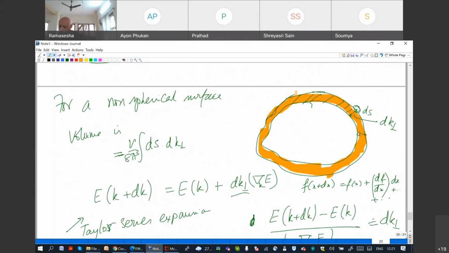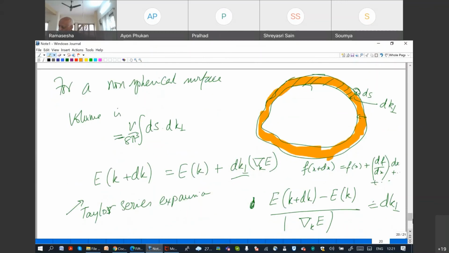And how do you calculate dk perpendicular? You don't know, right? Find out what dk perpendicular is. I use my expansion of E in the direction as you go perpendicularly. What is the value of dE? E(k plus dk) minus E(k) is equal to dk perpendicular times grad k E, because that's the differential, and that's the Taylor series expansion.